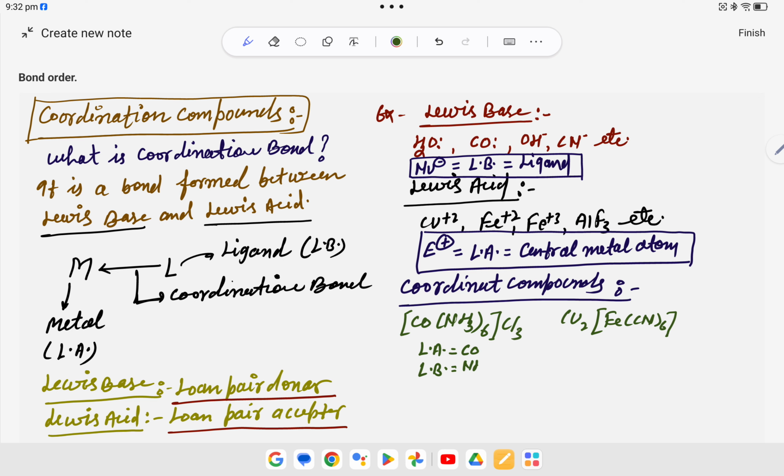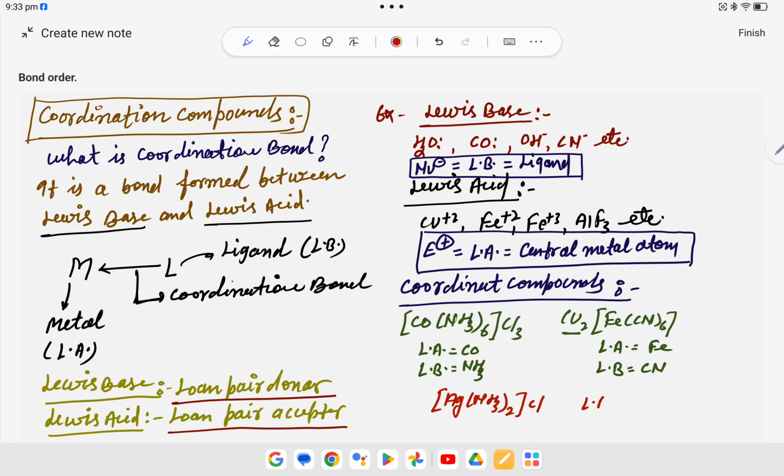NH3. Here, for Lewis acid, which one is the central atom? Iron, not Cu. Iron is the central atom. Then Lewis base is CN. Then Ag(NH3)2 Cl.